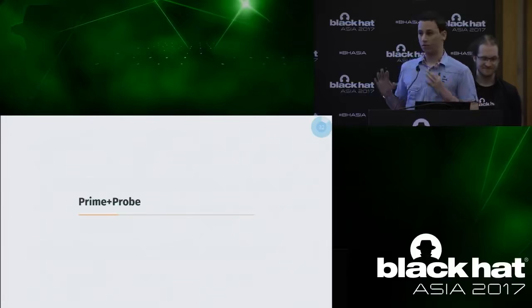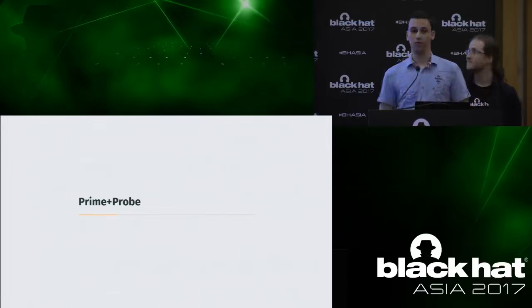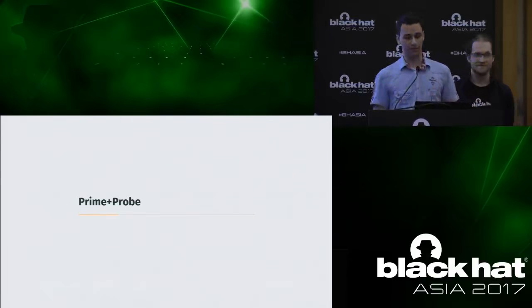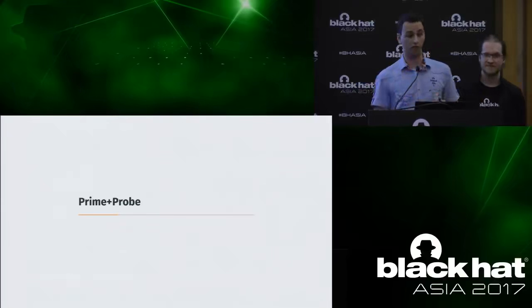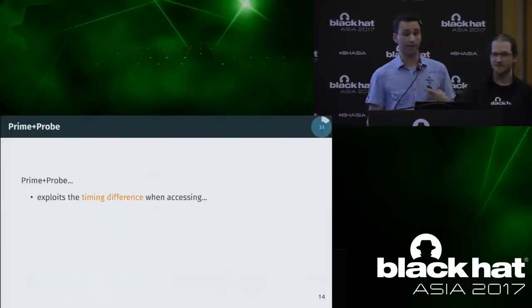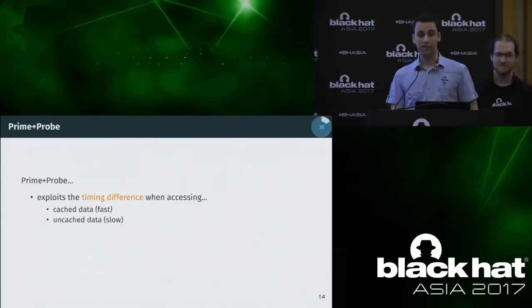Now that we have a brief introduction to how the last level cache works, we will start with our first cache attack. It's called prime and probe, so we can actually do something with this information. With prime and probe, we exploit the timing differences when accessing cached and uncached data. We have seen that in the histogram before.